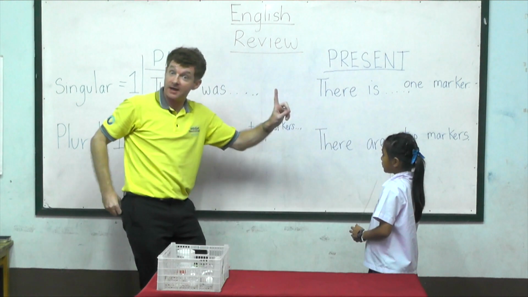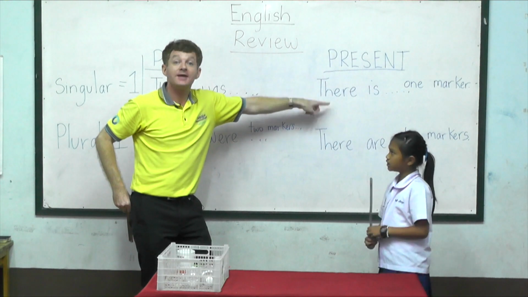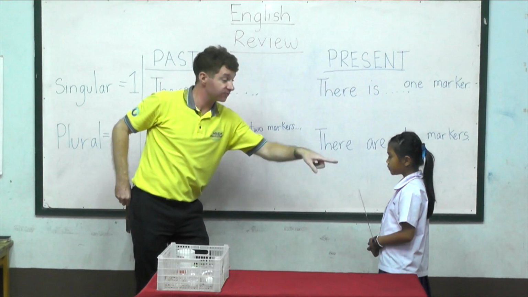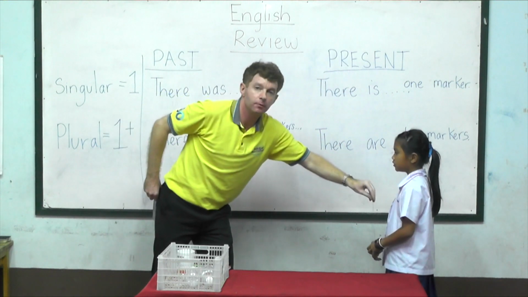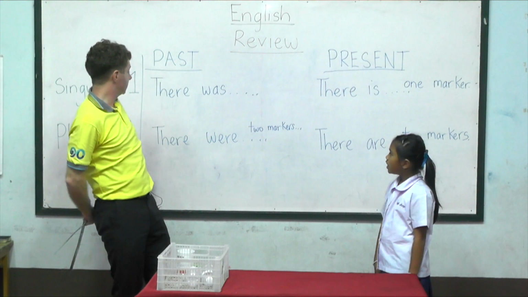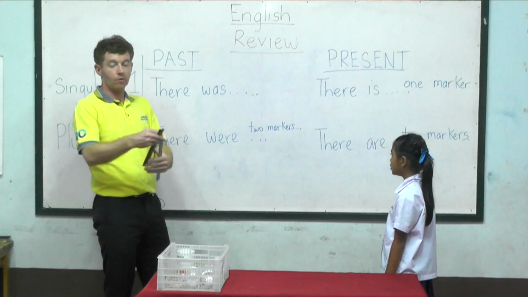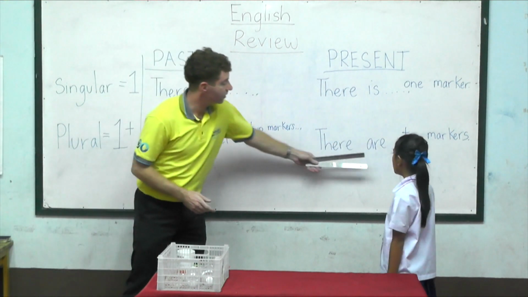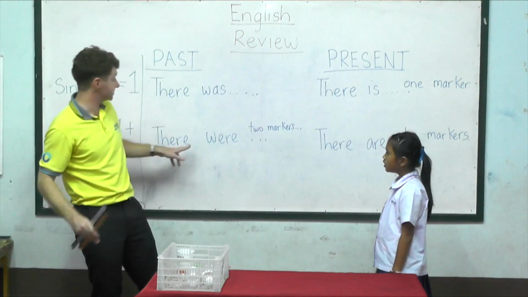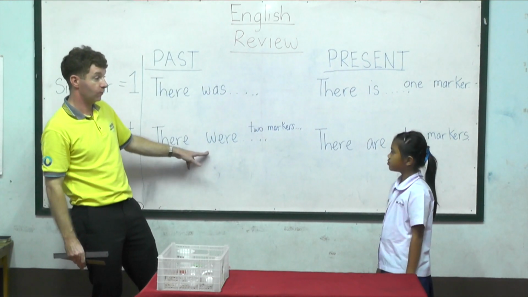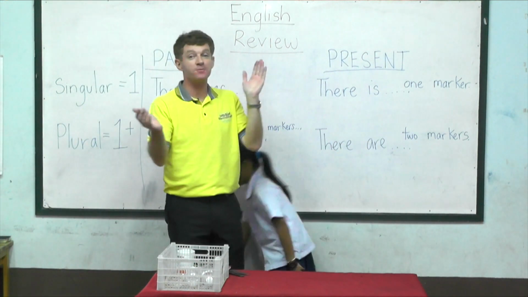Well, Pak Bung still has 1 ruler. There is 1 ruler. Yes, then we go from plural to single. But now, there's none. There were 2 rulers. So, present tense, there are 2 rulers. And past tense, there were 2 rulers. Pak Bung, excellent. Big high five and round of applause for Pak Bung.